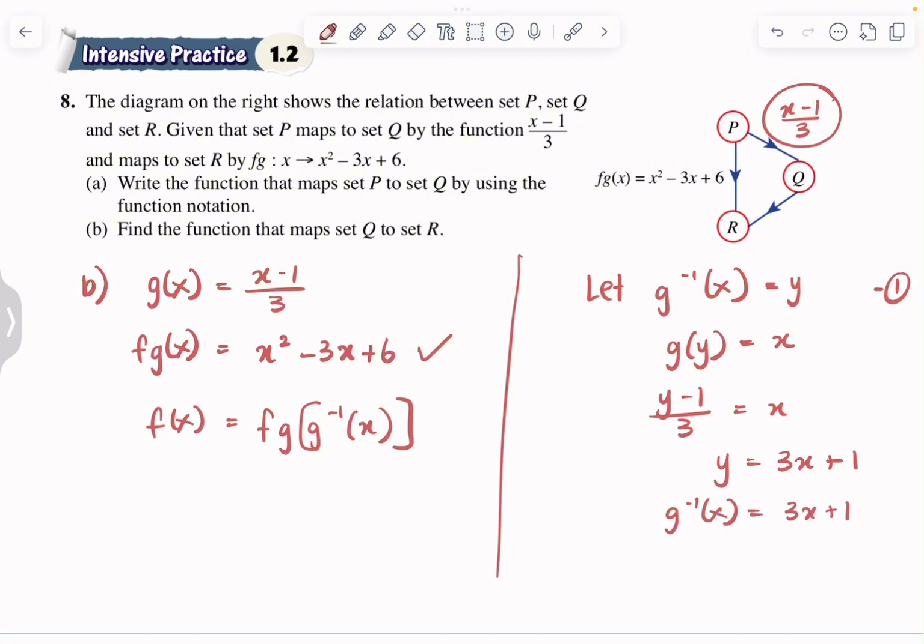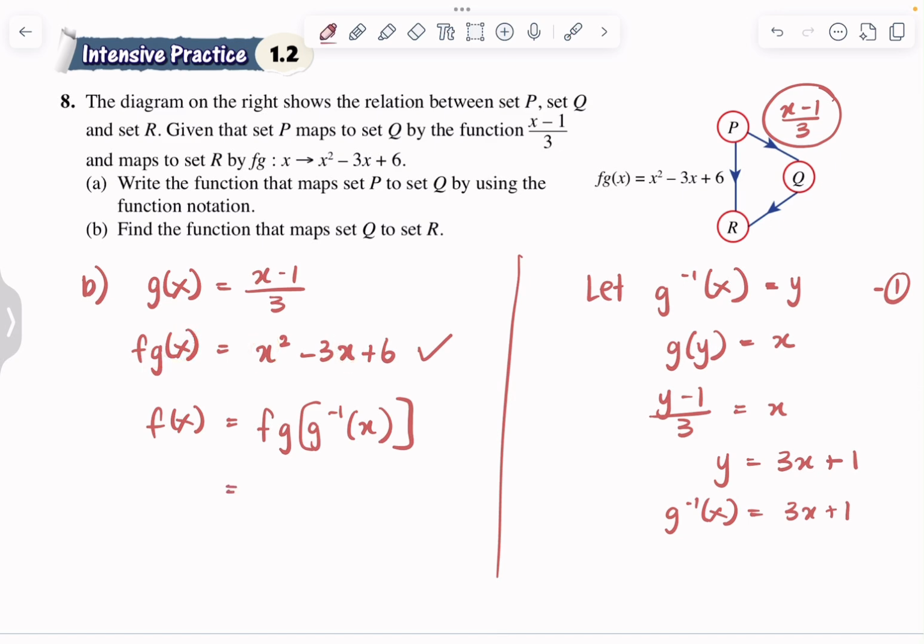Now that we've got g inverse x, we can substitute it into our fg(x), because g inverse and g will cancel off, giving us f(x). For fg inverse x, you just substitute g inverse into the x.